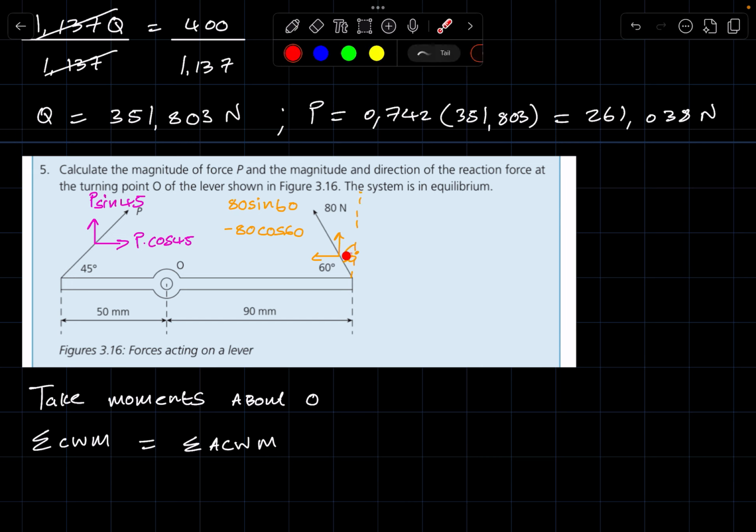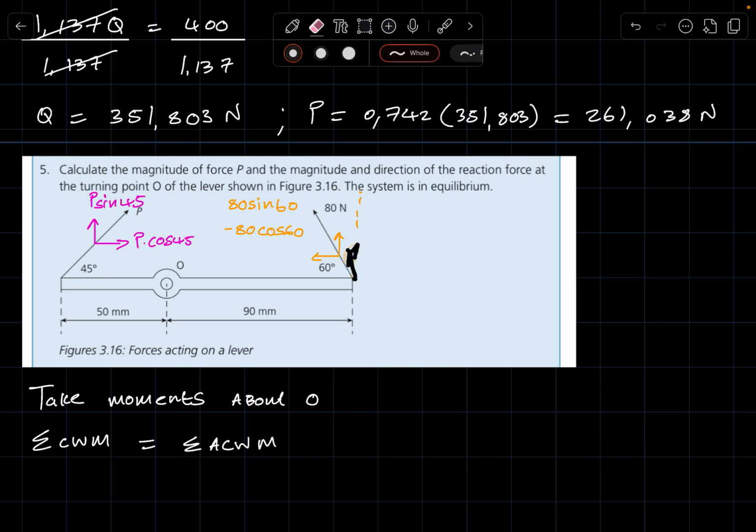Had we been given the angle that is referenced from the y-axis, you would work out this angle. Obviously that's 90 degrees, so 90 minus 30 gives us that 60 degrees. So even if you've been given the angle that is referenced from the y-axis, always work out the one that is referenced from the x-axis.